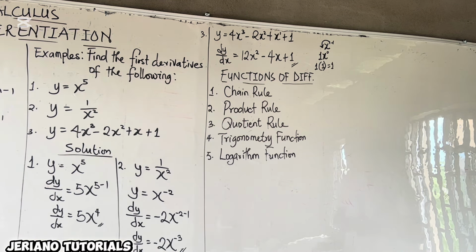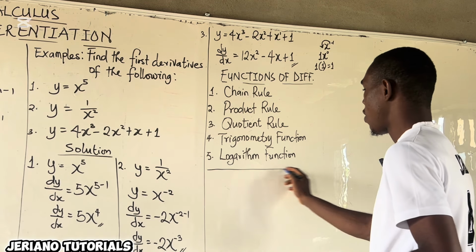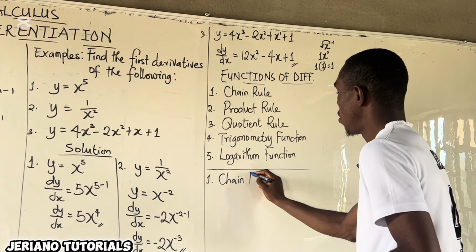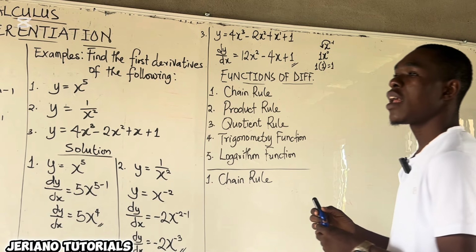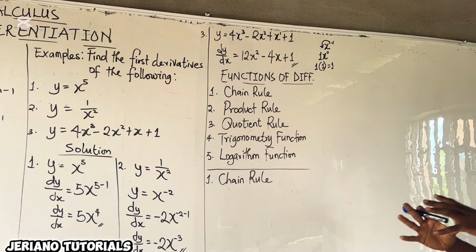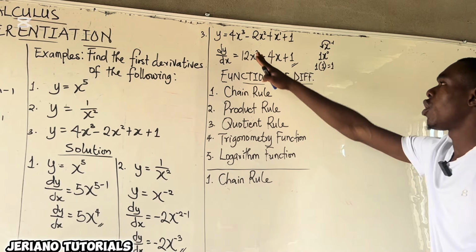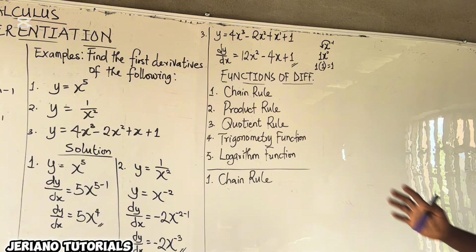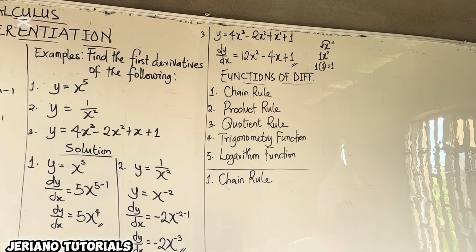Now, that of the chain rule. When you want to solve dy/dx for chain rule, you are going to introduce a variable u. We've been dealing with y in respect to x, and now in chain rule, we are going to introduce u into it.